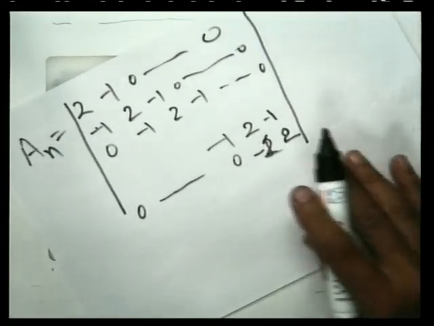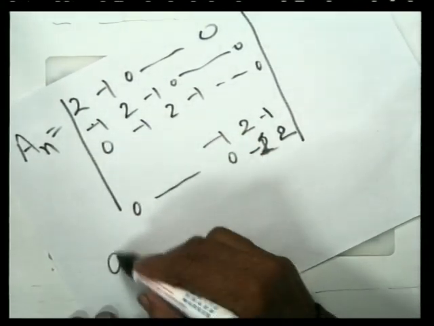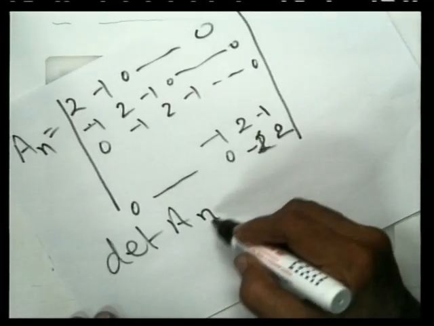This way it continues, ending with minus 1, 2, minus 1, 2, minus 1. Now find the value of the determinant A_n. Here also, one can use a recursion formula. You can use those equations and get the solutions very easily.